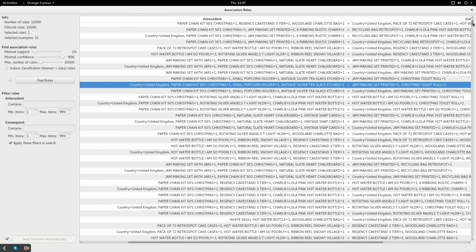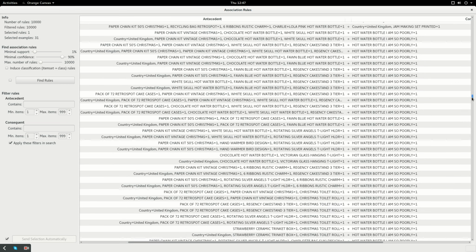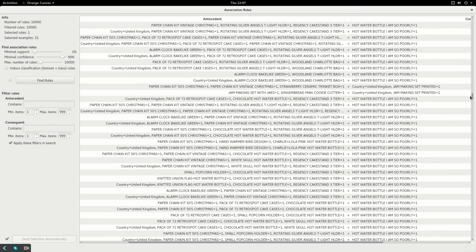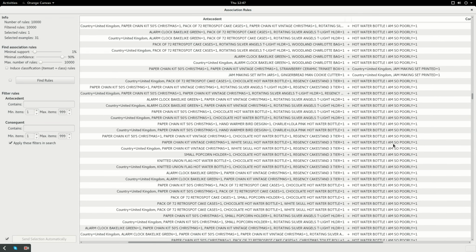And we'll have over here a very basic recommendation system, which we can then give to marketing or to IT so that they know how to advertise. So for example, the hot water bottle I am so poorly is very popular with customers who also buy these Christmas looking things with the hot water bottle. And we gain insights like this. So these would be things that we put into our report.